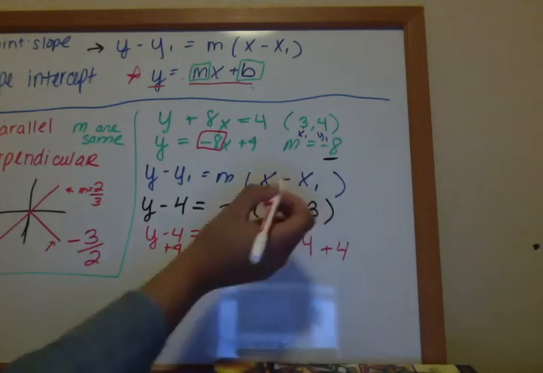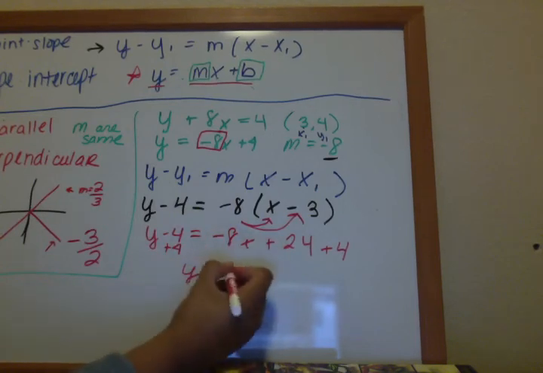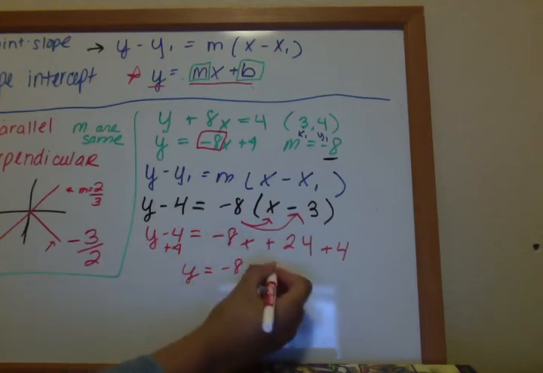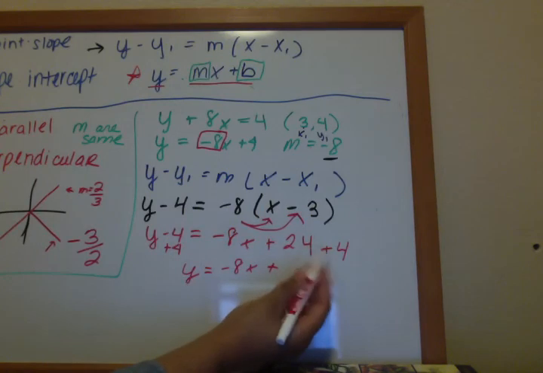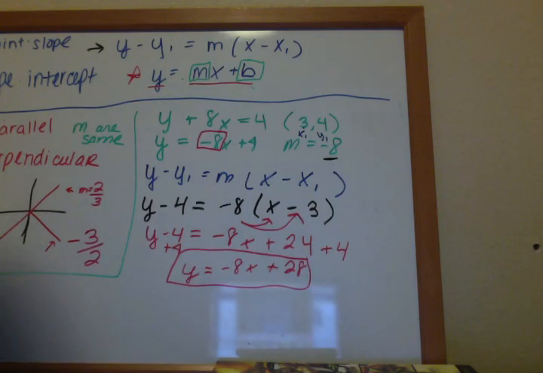So now we must get y by itself. Just add 4 to each side. y equals negative 8x plus 24 plus 4 is 28. And that is your answer in slope-intercept form.